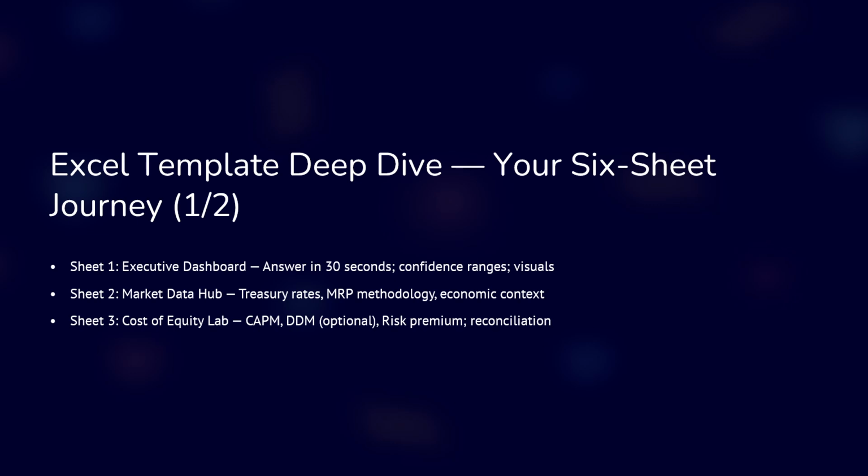Think of this as a 6-story building where each floor serves a specific purpose. Sheet 1, that executive summary, could be the executive suite. This is up at the top where busy executives are going to look first. They want the answer immediately with enough detail to understand the key drivers. Your WACC summary should show the final number with a confidence range, plus a visual breakdown showing how much comes from equity cost versus debt cost.